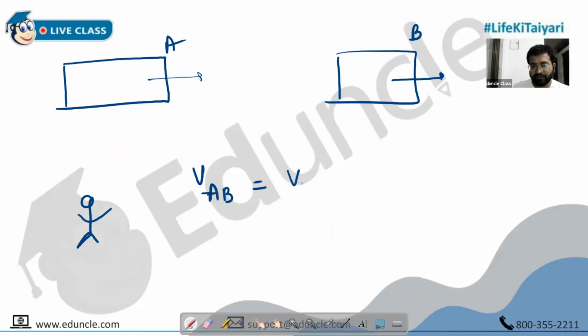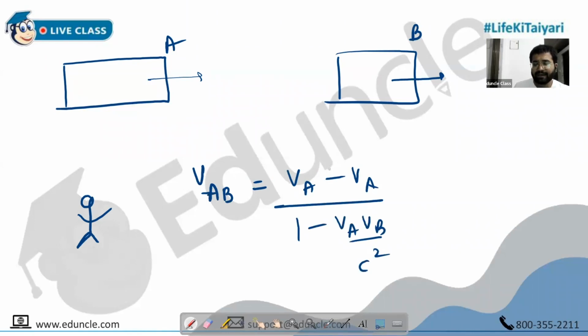But velocity of AB is given by VA minus VB upon 1 minus VA VB upon C square. अच्छा, tell me one thing. In your convention आपने minus पढ़ा है, plus पढ़ा है? सर, माइनस पढ़ा है. VA minus VB upon 1 minus. Okay, ये ठीक भी है. हाँ, ये velocity addition. ठीक है.